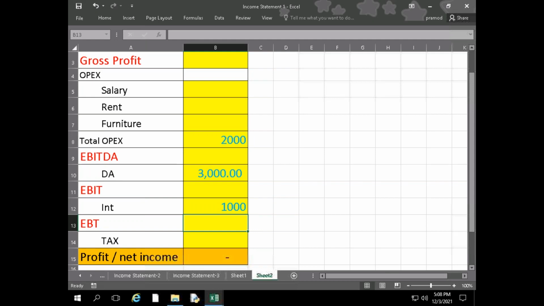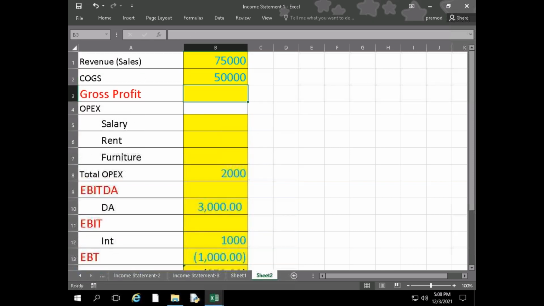EBT, you know how to do. Tax should be the EBT into how much percentage? 25%. So at the end you should get a profit. So EBT I will do EBIT minus interest. Here I have not written some of the values, you do the calculations.